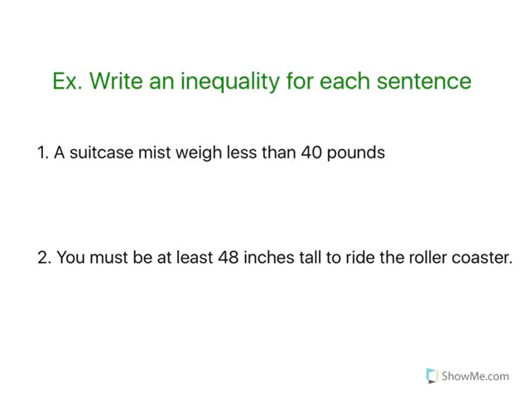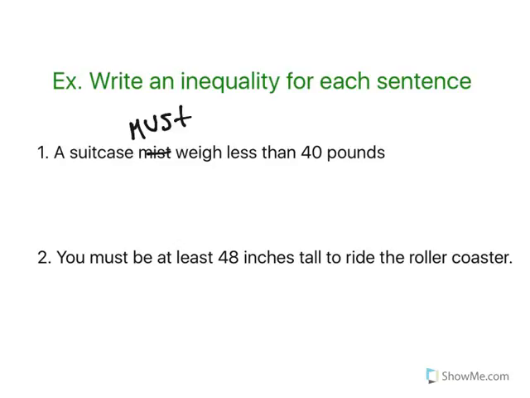So let's go into some examples. The example says, write an inequality for each sentence. The first one says a suitcase. Oh, I just noticed there's a typo. That should say must. I'll rewrite that here: a suitcase must weigh less than 40 pounds. We can use any variable we want, so I'm going to use the variable s.